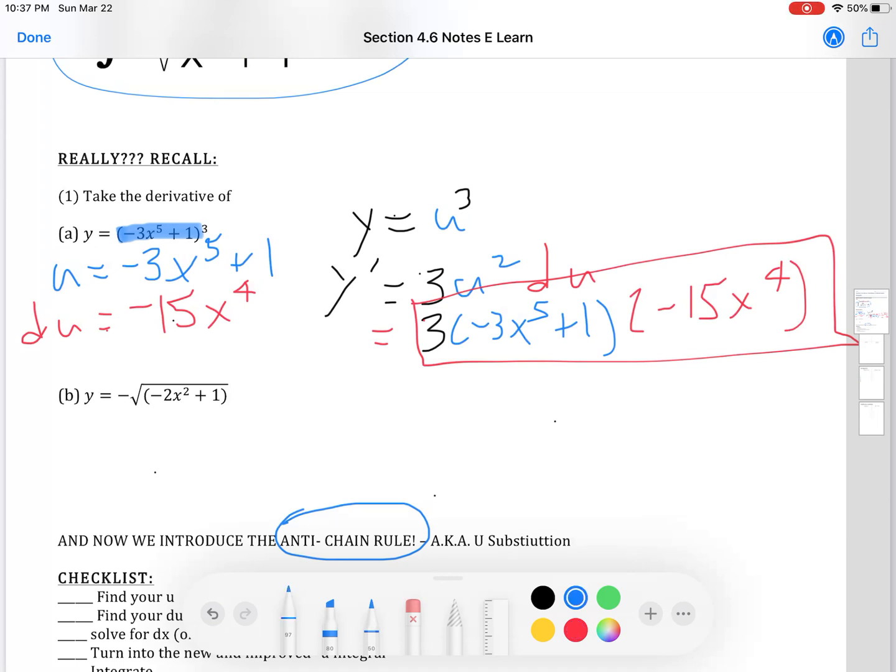Now in part B, we got a radical type of scenario instead. So our u was everything that was inside of a radical. So our u in this case was negative 2x squared plus 1. And our du, the derivative of that thing, was negative 4x.